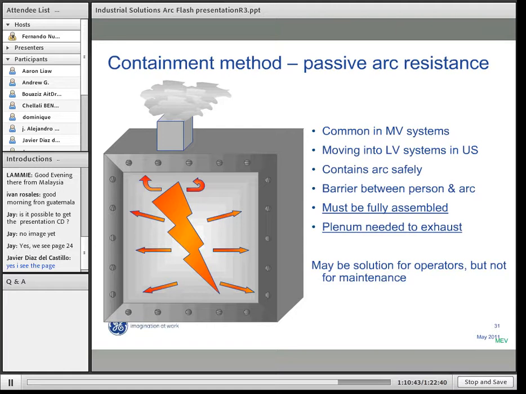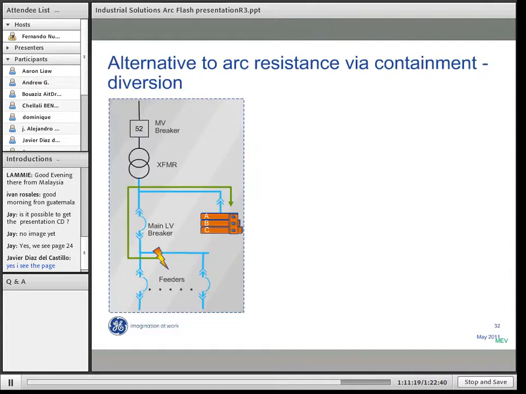Okay, this is a solution for people who are operating the equipment, but not if you're doing maintenance and opening any panels or doors, because it basically has a smokestack and sends out the arcing products, and it has to be exhausted and not just let loose in the room, which isn't going to be a solution. So arc-resistant switchgear is pretty common nowadays.